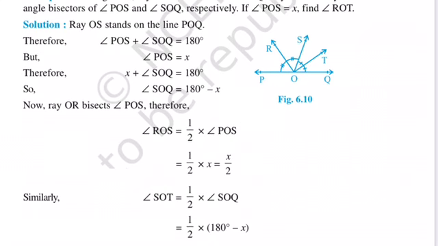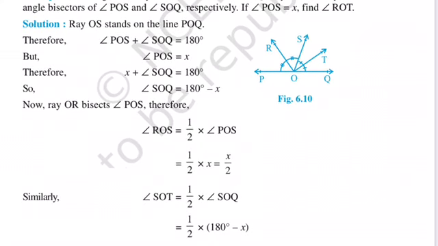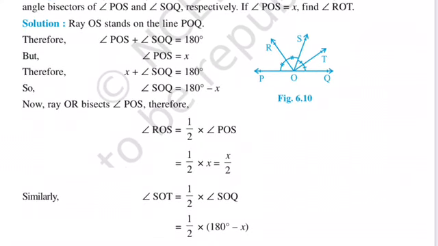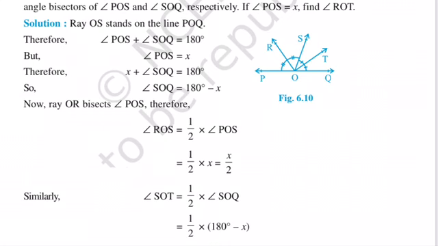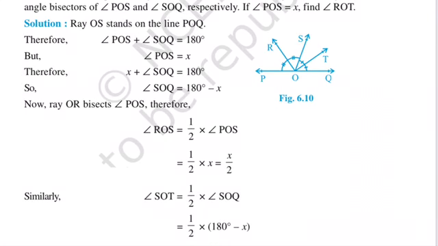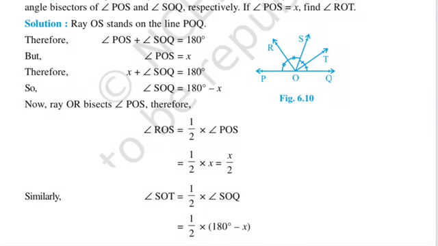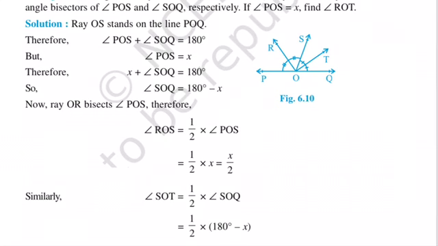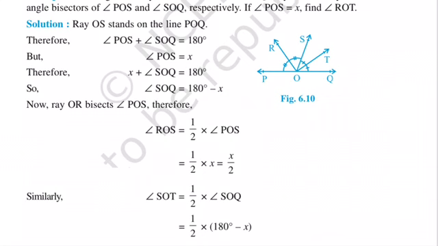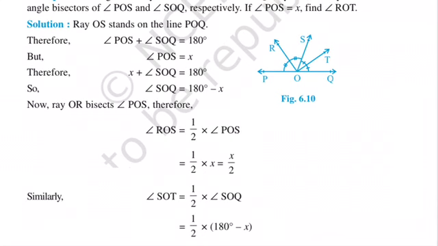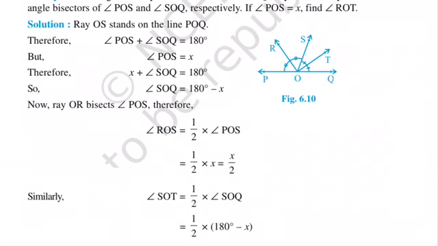Now, first thing is what here? Here, this is the figure. You can see the figure very clearly. In the figure, this ray OS stands on POQ. Okay. Now, since ray OS stands on the line POQ, this ray OS forms two angles.